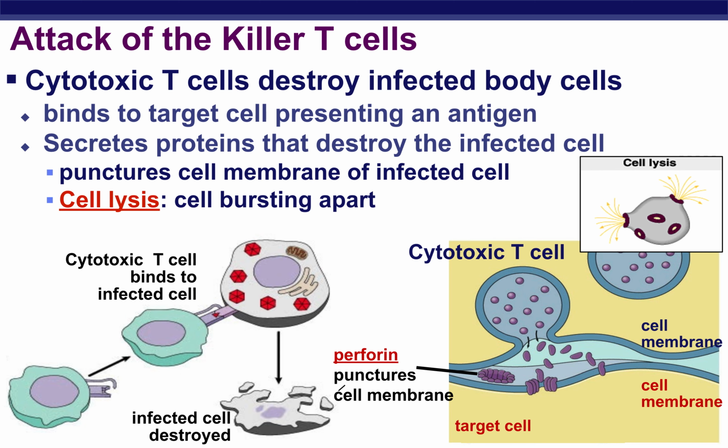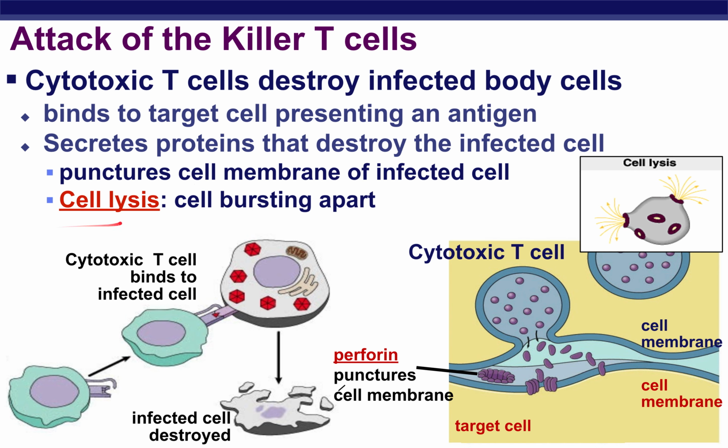All right, now when we talk about cytotoxic or killer T cells, their job is to destroy body cells, and to an extent bacteria, but mainly your own body cells that have an antigen. And if it sees it, it's going to bind, recognize that this virus infected cell is bad, and then it's going to basically send a bunch of protein chemicals at it to help encourage that cell to die.